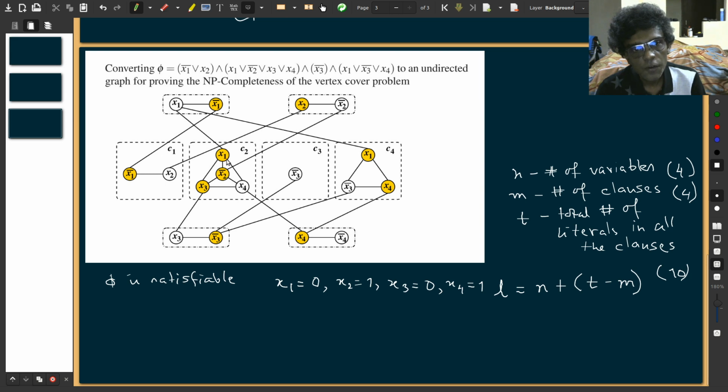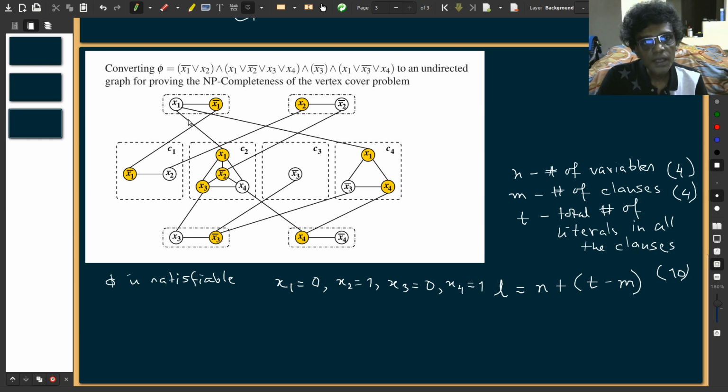Include in your vertex cover all other vertices in the clause gadget, except one, which is a true literal. Okay. Now, we claim that this set of vertices covers all the edges of this graph.